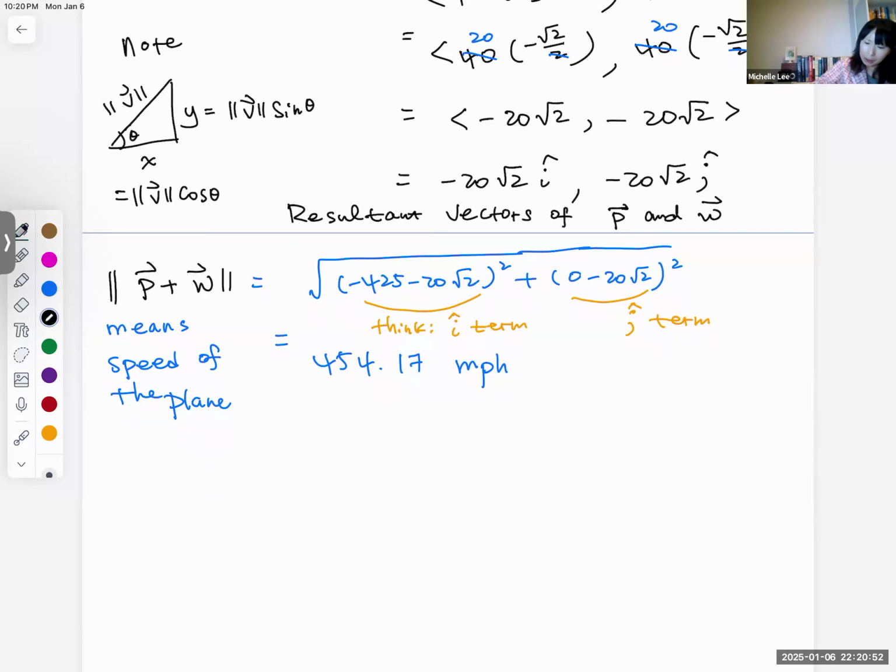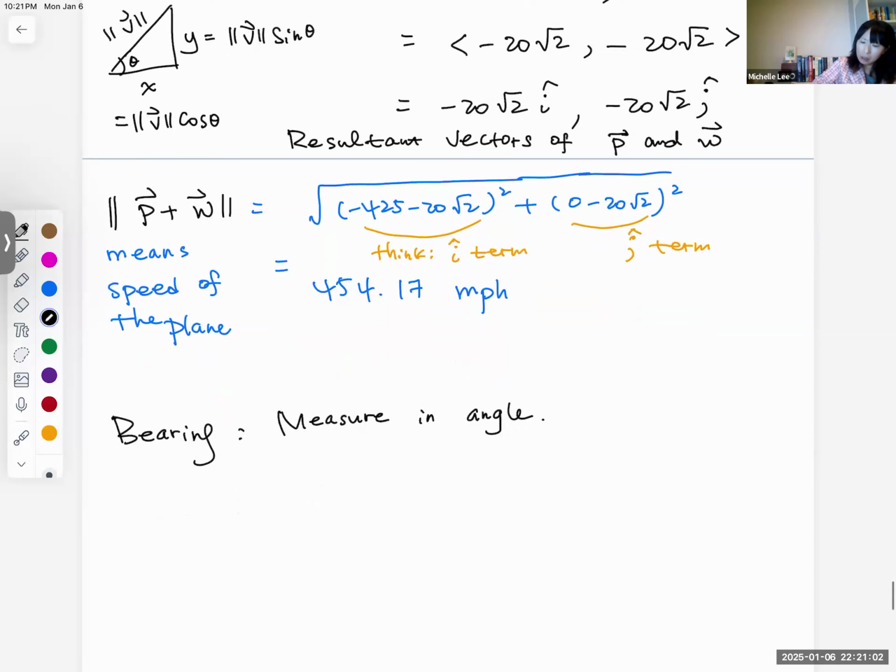Okay, how about the bearing? Measured in angle. Tangent theta equals y over x, where y is the j hat direction and x is the i hat direction.